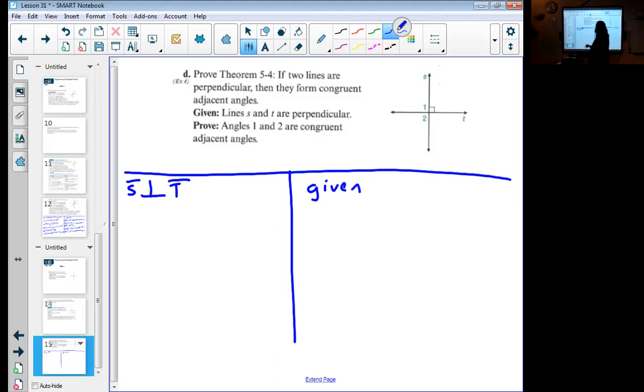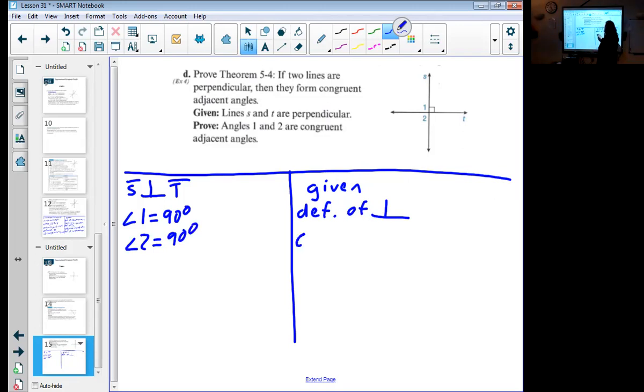We know that angle 1 is equal to 90 degrees. We know that that is true because it is the definition of perpendicular. We also know that angle 2 is equal to 90 degrees because of the definition of perpendicular.